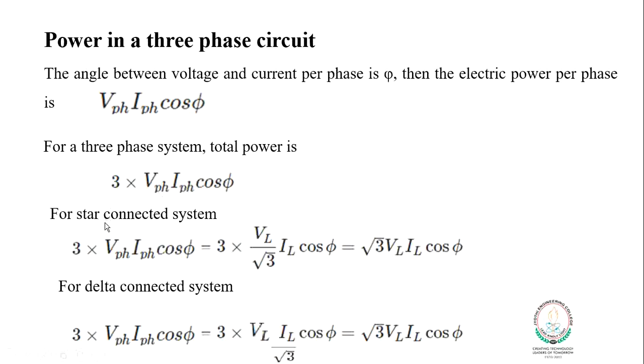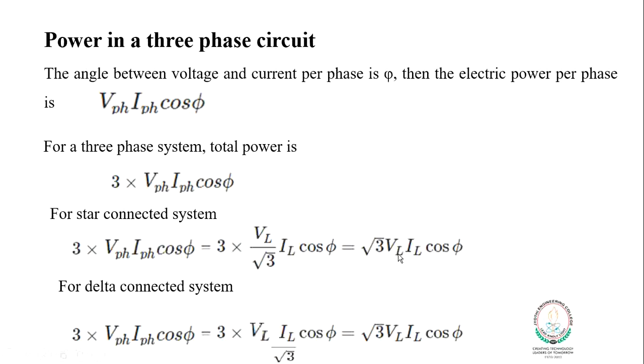And for a star connected system, we know that 3 into V phase I phase cos phi can be written as 3 into, in star connection, V phase equal to VL by root 3 and I phase equal to IL. So substituting that, we get 3 into VL by root 3 into IL cos phi, that is equal to root 3 VL IL cos phi.